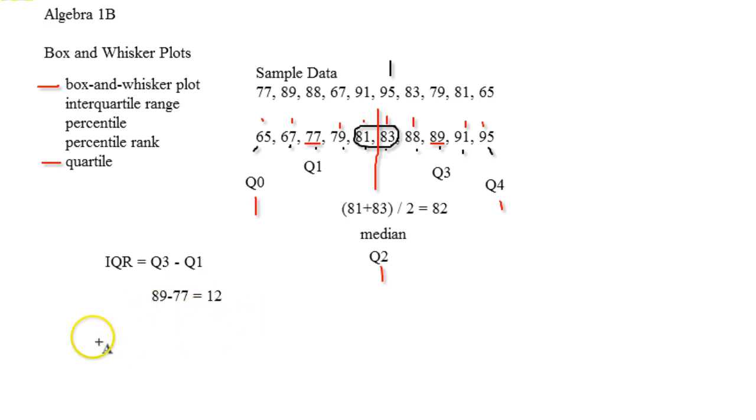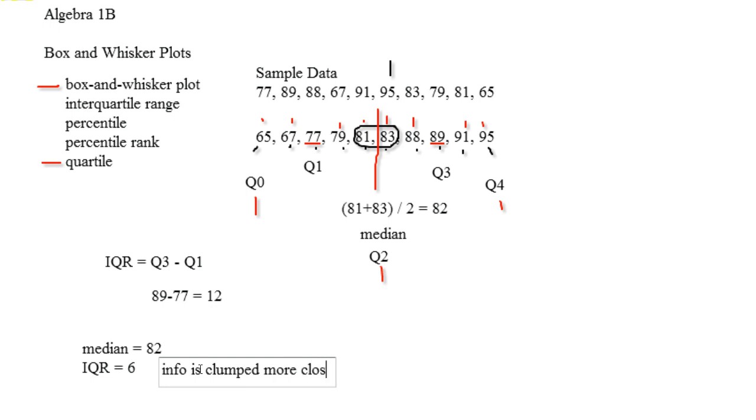Now here's some interesting things. If I have another set of data where the median was the same, 82, but the interquartile range turned out to be 6, that means the info is clumped more closely together.